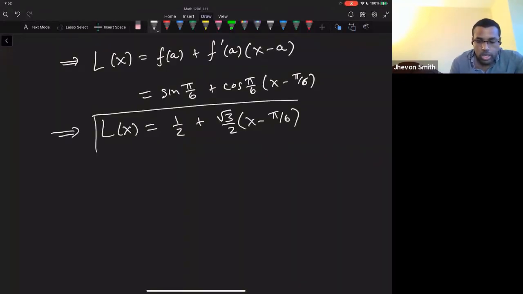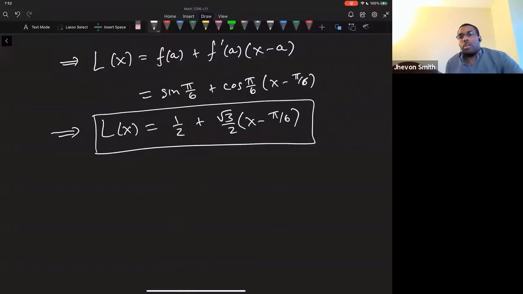So that's your linearization. This is pretty much the equation of the tangent line at the point x equals pi over 6. So linearization isn't a big difference.